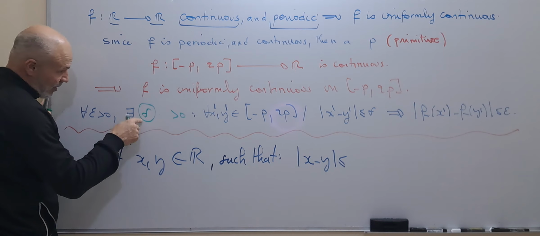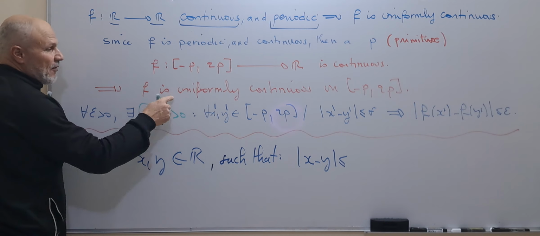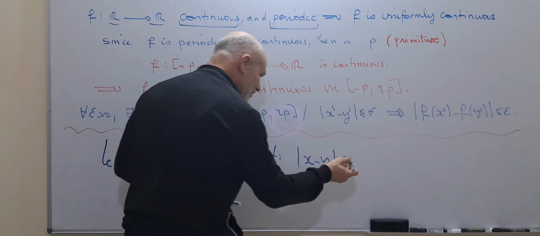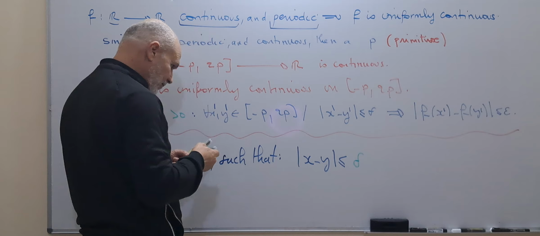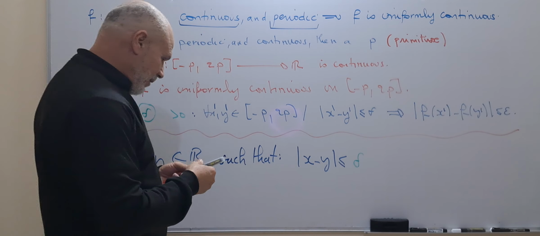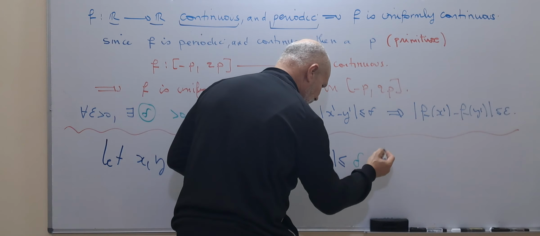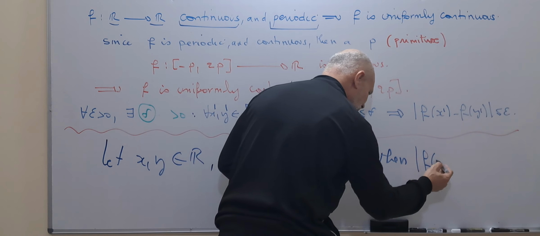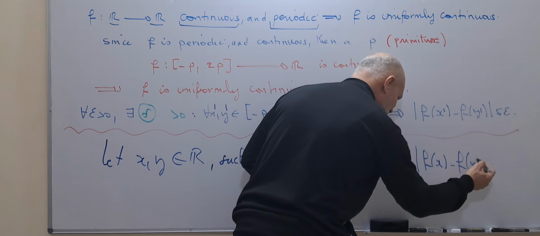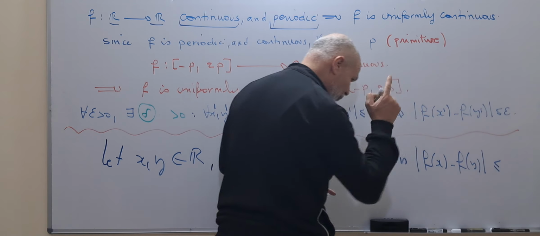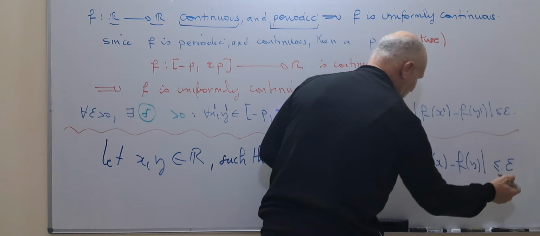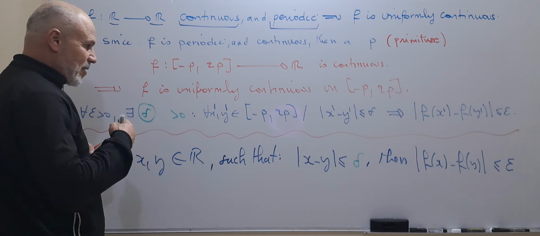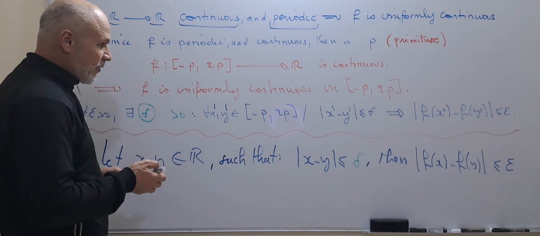This delta exists because f is uniformly continuous on the closed and bounded interval. Then let us consider f of x minus f of y. If we prove that this is less than or equal to epsilon for any given epsilon, in this case we can say that f is uniformly continuous.